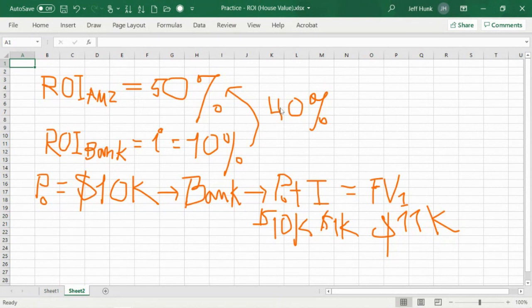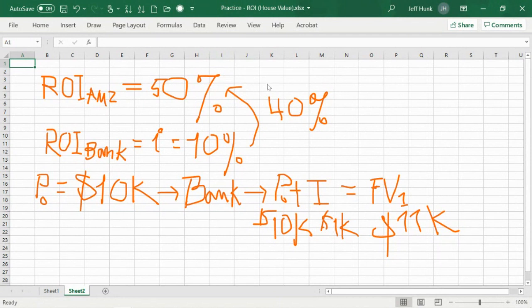Ideally, no. You would be happier if it was you who put the money into Amazon directly. Isn't it right? But if you put the money into Amazon, this is only a good case scenario, right?